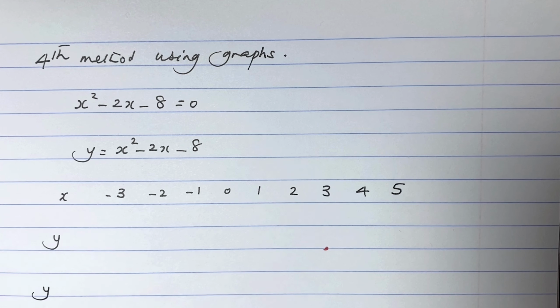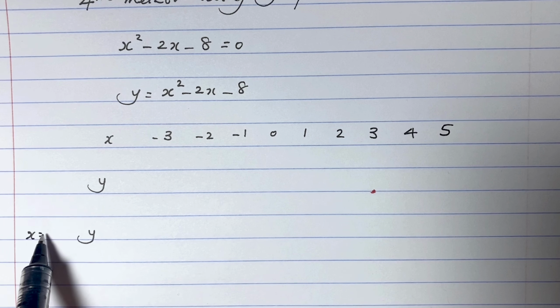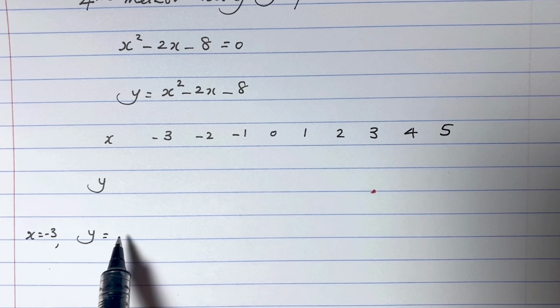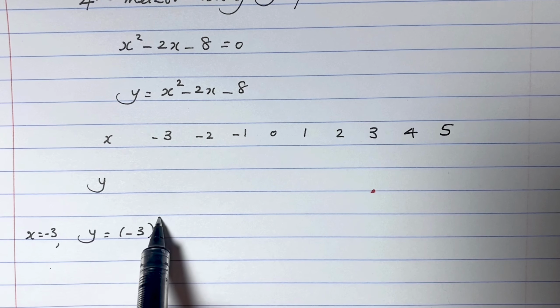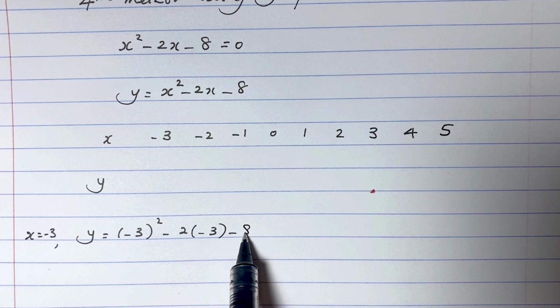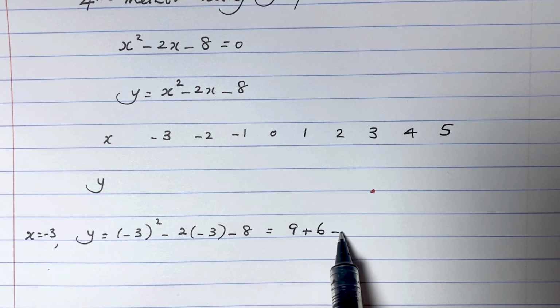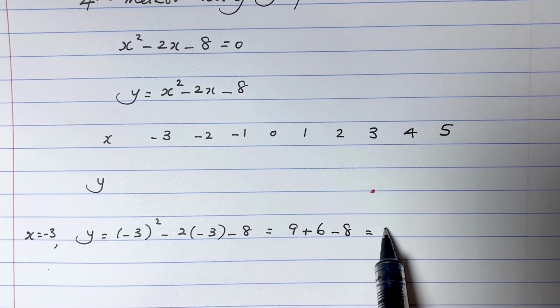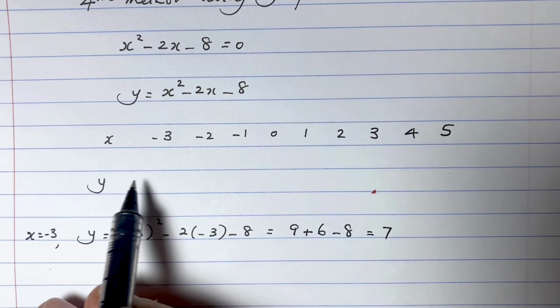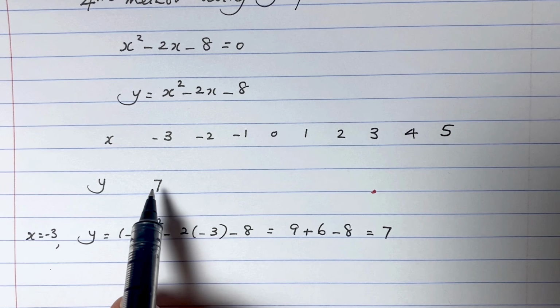So, for example, when x equals minus 3, y would be minus 3 squared minus 2 lots of minus 3 minus 8. So that's 9 plus 6 minus 8. That gives me 7. Then I replace here. When x is minus 3, y is 7.